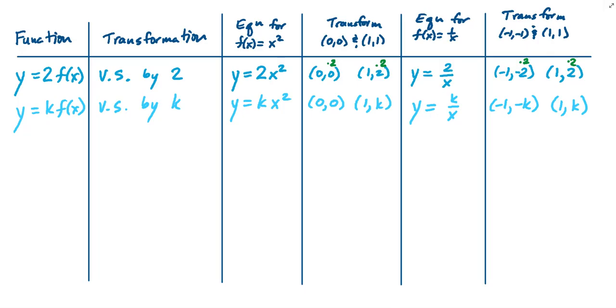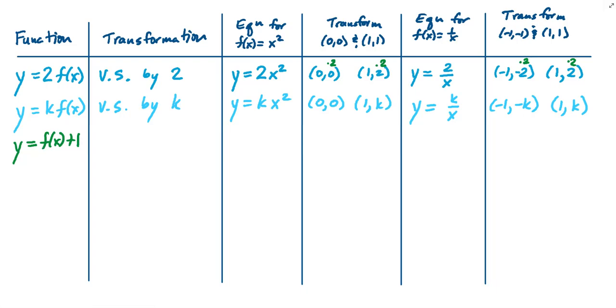Now let's take a look at what would happen if we had y equals f of x plus 1. Well, here, f of x is the output of whatever function we have, and then we're adding 1 to it.